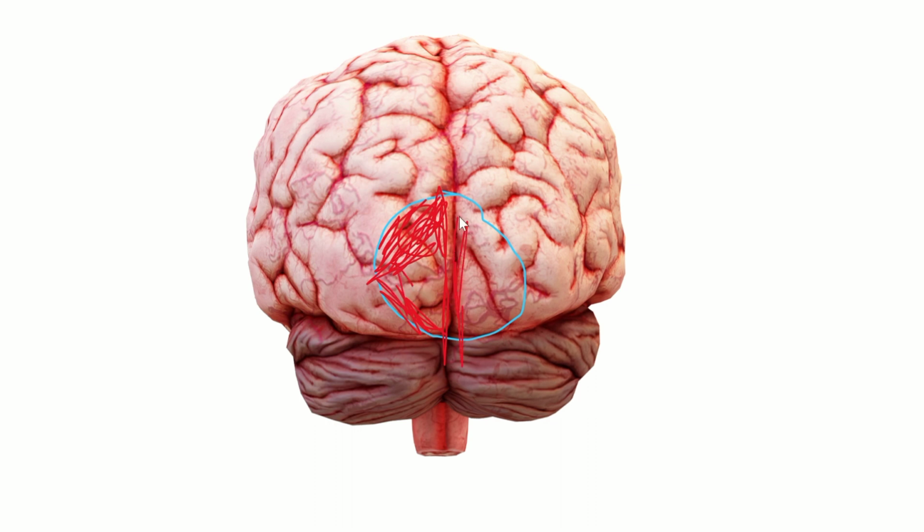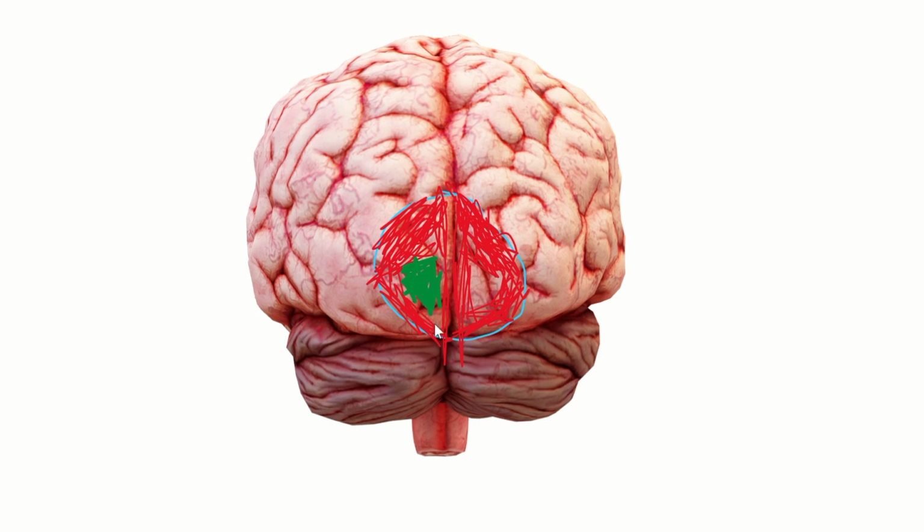Let me show you like this. This is just a representation for example. Suppose the posterior cerebral artery is supplying all parts of the visual cortex, except a point which is called the macular area. So this is called the macular area.